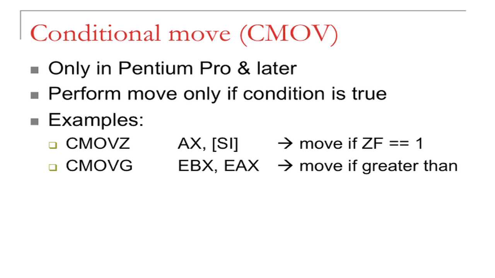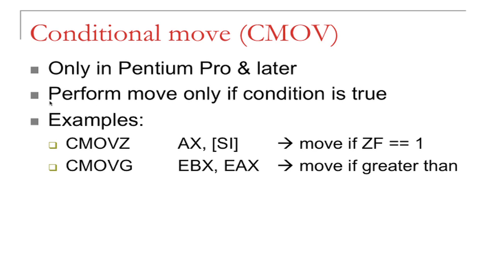A new instruction that uses such condition codes is the CMOV. This is the newer instruction that is only available in Pentium Pro or later. It performs move operation or data transfer operations only if a condition is true. For example, first instruction CMOVZ. Z stands for zero or equal.